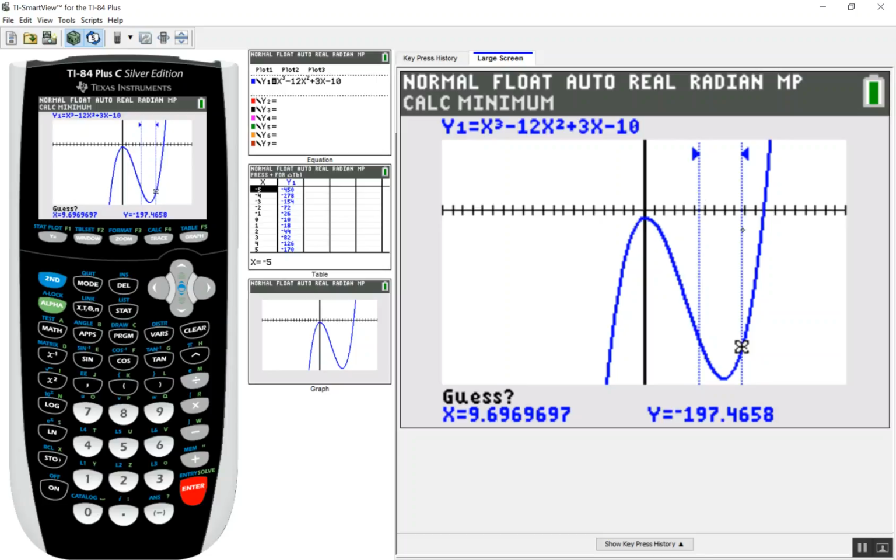If we look at the valley here, notice that any y-coordinate nearby is always going to be larger than the smallest y-coordinate right down here. So we need to take a guess about where the y-coordinate is, and for some reason my cursor is not moving.